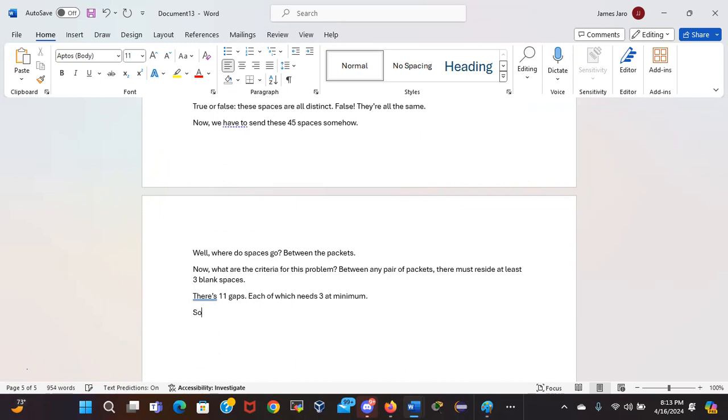So, at bare minimum, how many spaces are used up? Like the absolute bare minimum. Yeah, it's 33. Exactly. But we need the 45. So how many are we left with?